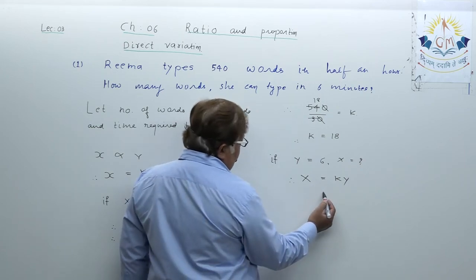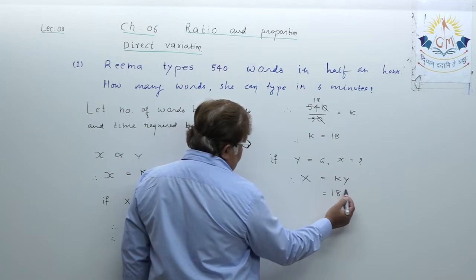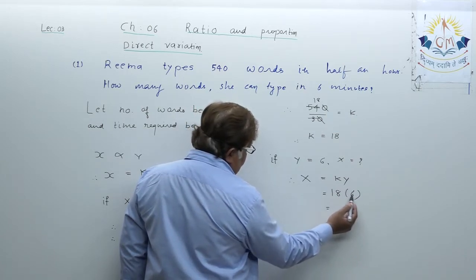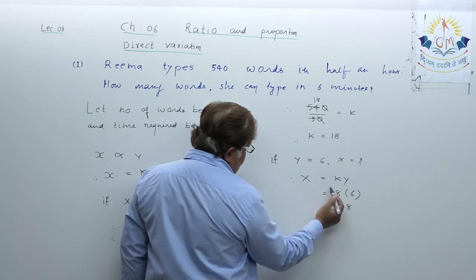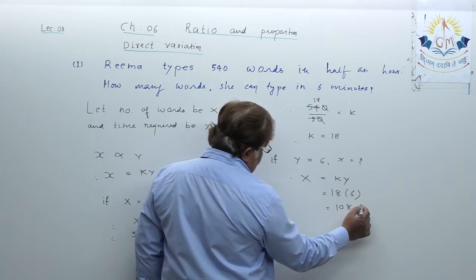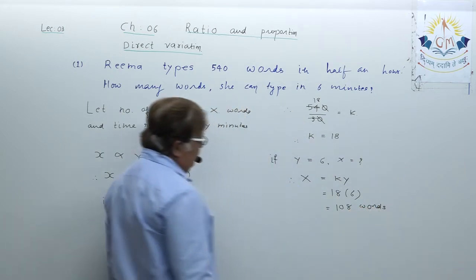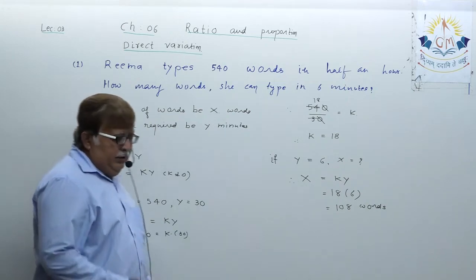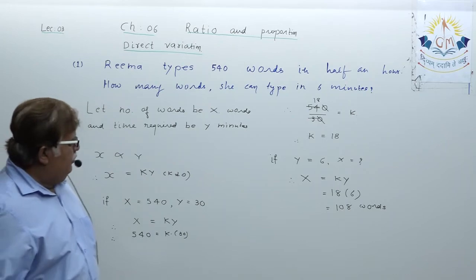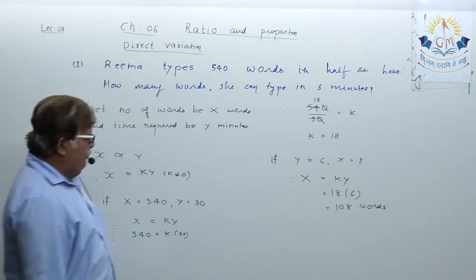Place the value of k you already got, y that is 6. Just multiply. 18 times 6 is 108 words. Means Rima can type 108 words in a period of 6 minutes.